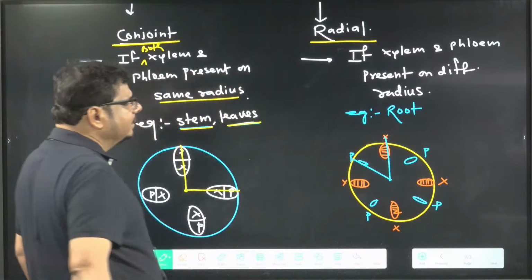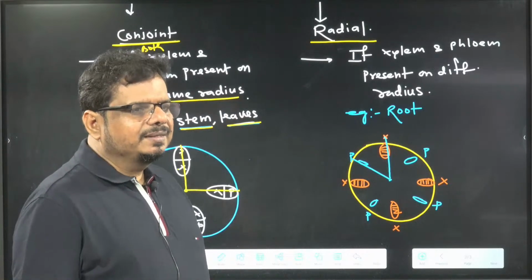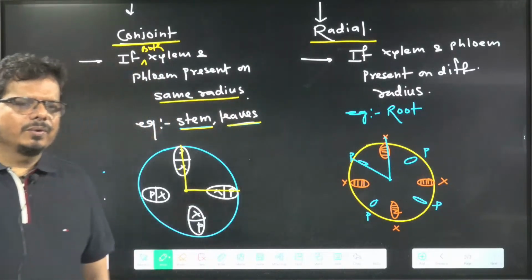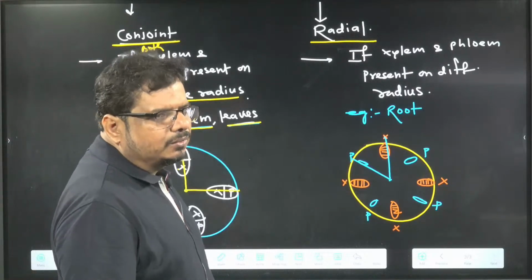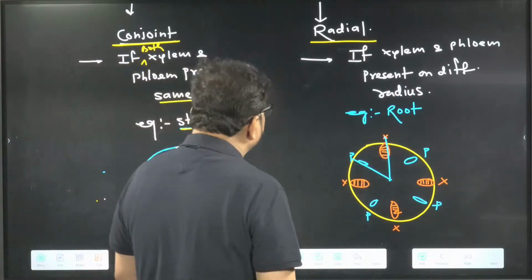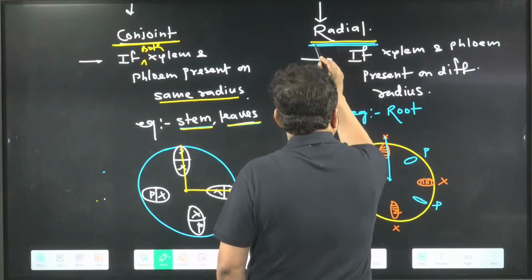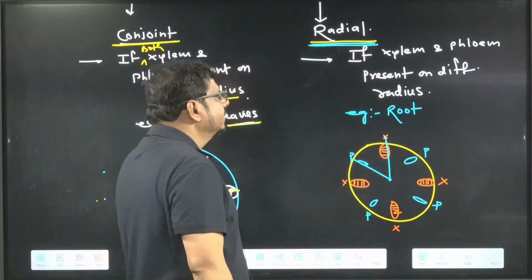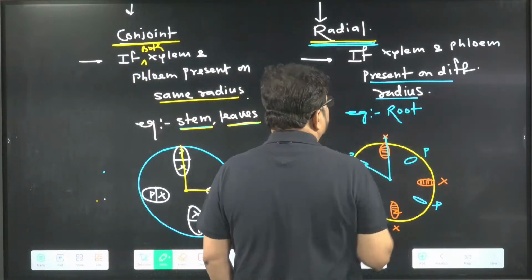Xylem and phloem are present on the same radius or different radius? You tell me. It is present on different radius, and such a kind of arrangement of xylem and phloem is called what? Radial kind of arrangement. So if xylem and phloem are present on different radius, it is called radial.